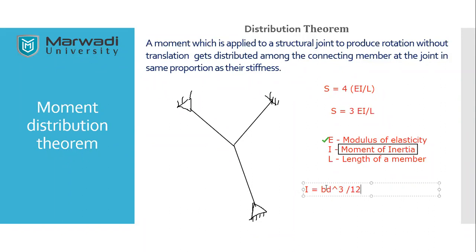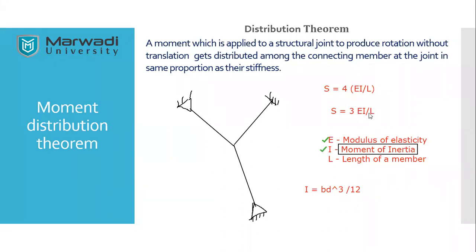So if this member is say 300 cross 300 and this is 400 cross 400, then although the length of both members are same, and although it is made up of same material, due to the change in cross section, the moment of inertia is going to change. And if moment of inertia changes, the stiffness is going to change. Is that clear?